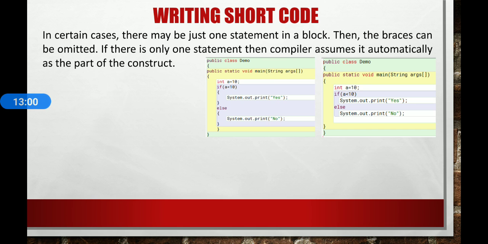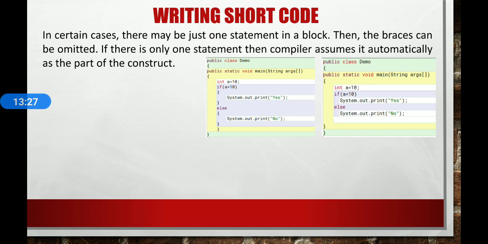Then the braces can be omitted. If there is only one statement, then the compiler automatically assumes it as part of the construct. For example, you can see here the modified version of the left hand side code given on the right side, which has no braces used with if and else. Because after if only one statement is given, it is optional.